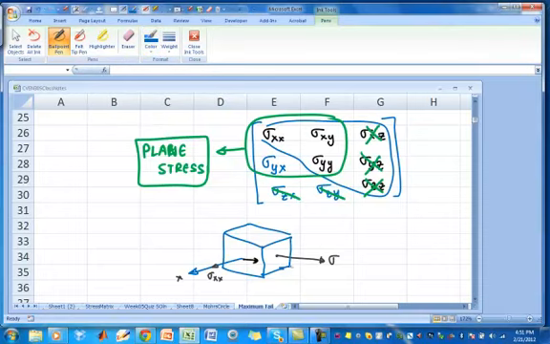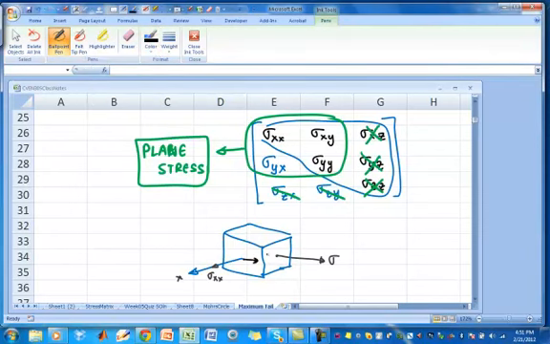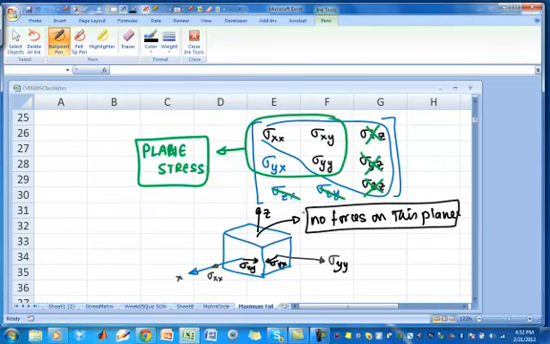Let me do it right, okay? So this is sigma xy, and this is sigma yy, and this is sigma yx. And the z-axis is like that. Notice this whole plane, no forces on this plane. That's why it is called plane stress. There is one plane on which there are absolutely no forces. If you have a situation like that, you have plane stress.